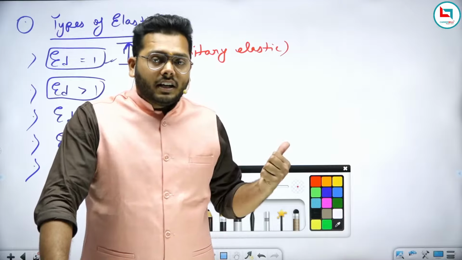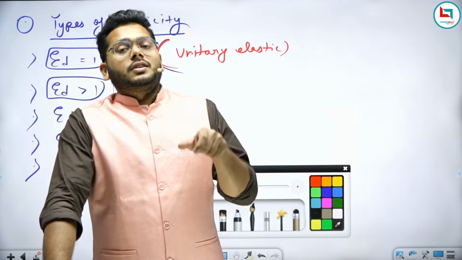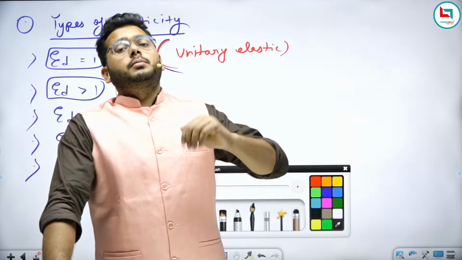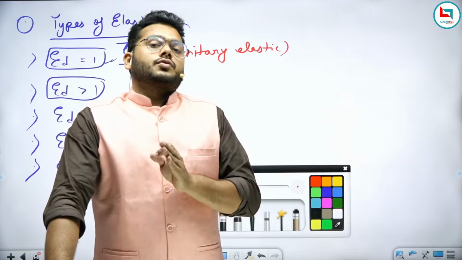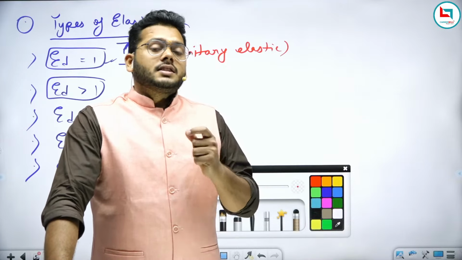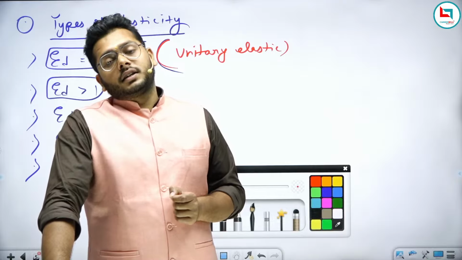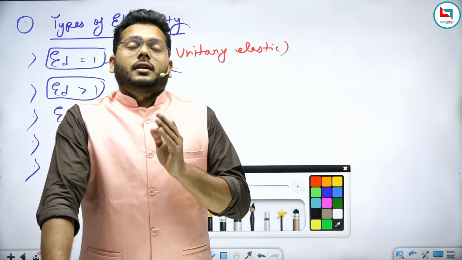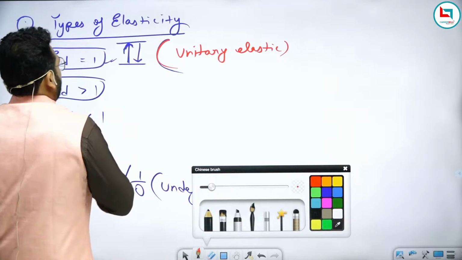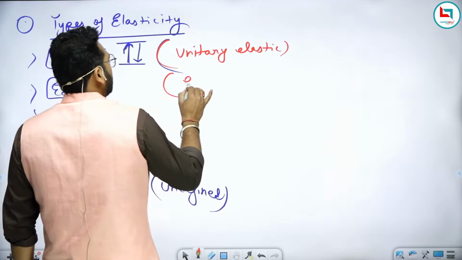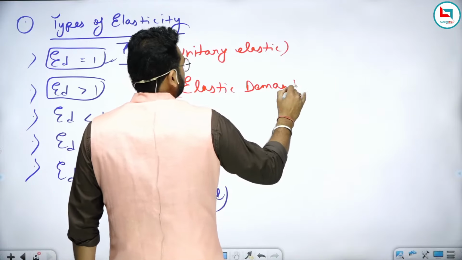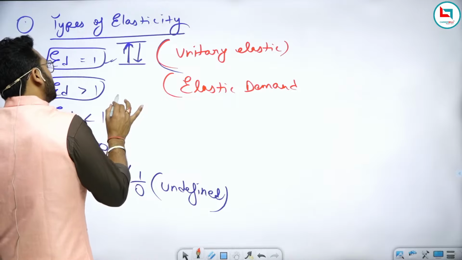Now in the second point, you are changing your demand more than the change in the price. If your demand is changing more than the change in price, then this situation is known as ED greater than 1. This type of change in elasticity of demand is known as elastic demand.